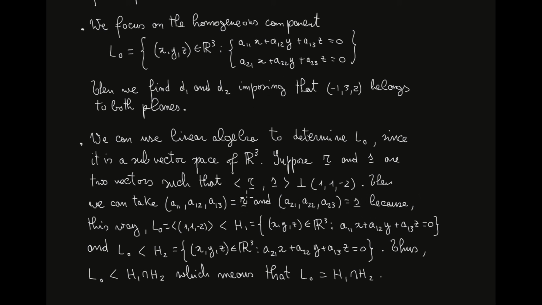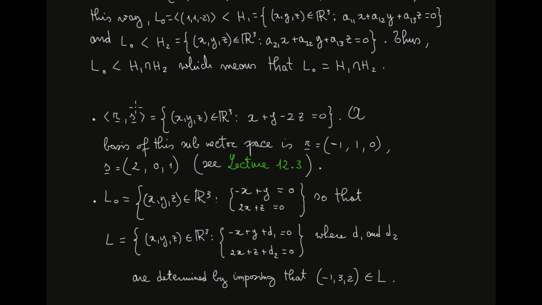Now let's find R and S explicitly given the data we have. By definition, the vector space generated by R and S that we are looking for is the plane whose vectors are perpendicular to (1, 1, -2), exactly as we stated before.